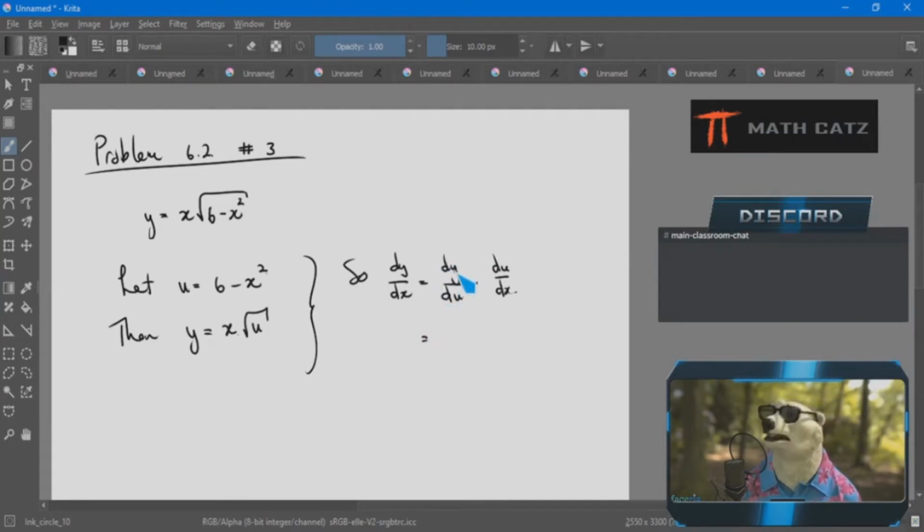It says we have to see a y function with a variable u. But that's not what I'm seeing. I'm seeing a y function as a function of two variables, x and u.